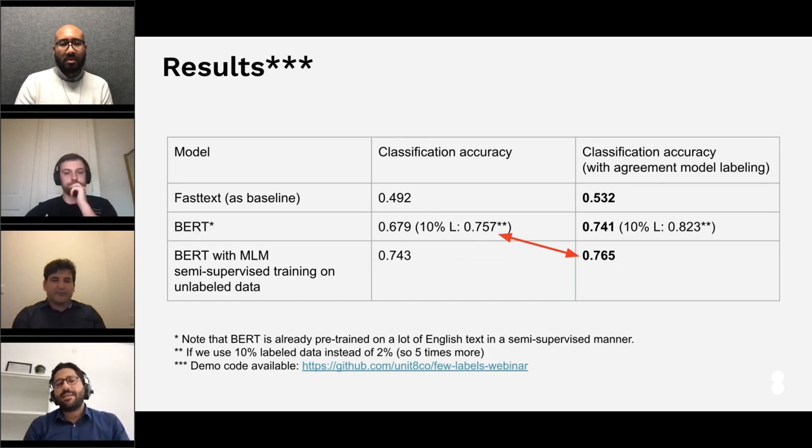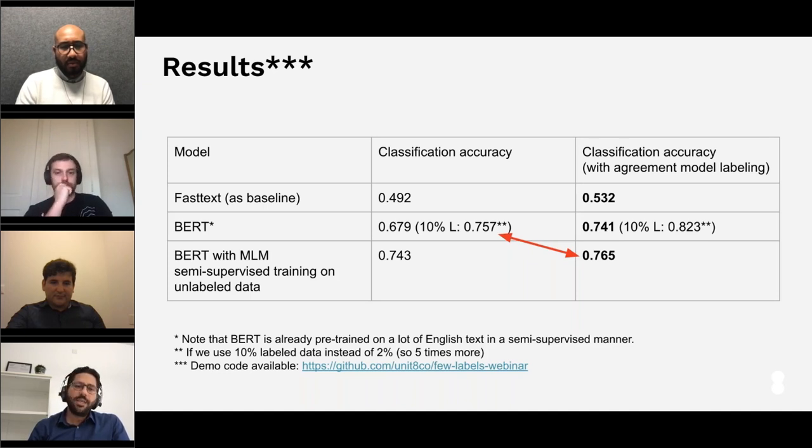What is interesting is that if you look at the results, let's go first with fastText. It gives about 49 or 50% accuracy. You can use fastText as classifier, but just augment it with this agreement model. So you go in this iteration loop of adding labels. It goes to about 53%, which is about 10% relative improvement or 4% absolute. Then you can, for example, take BERT. Note that BERT is already pre-trained on English content.